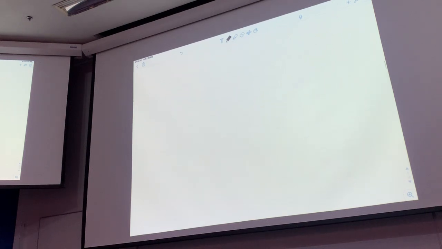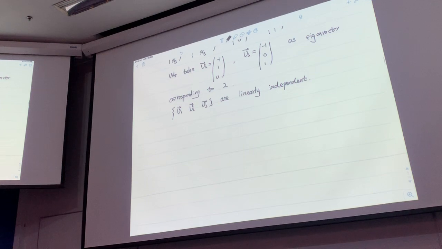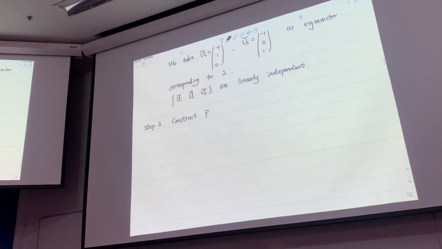Now we construct P. So P equals V1, V2, V3, which is equal to the matrix with columns (1, negative 1, 1), (negative 1, 1, 0), and (negative 1, 0, 1).